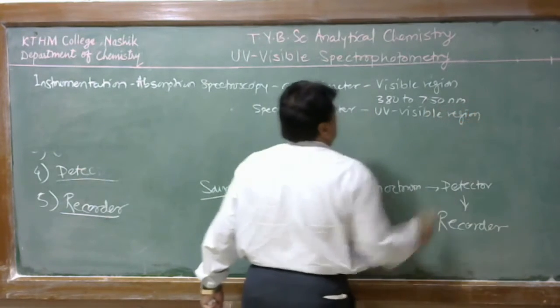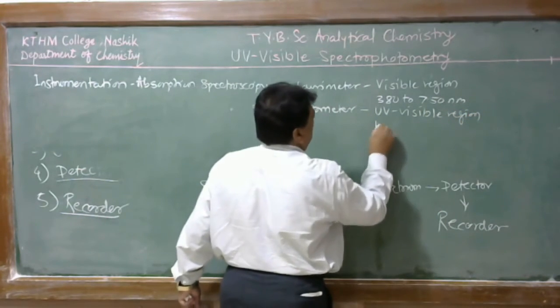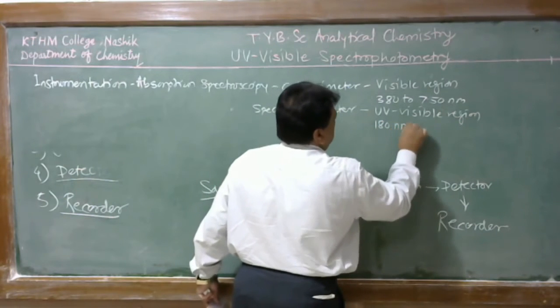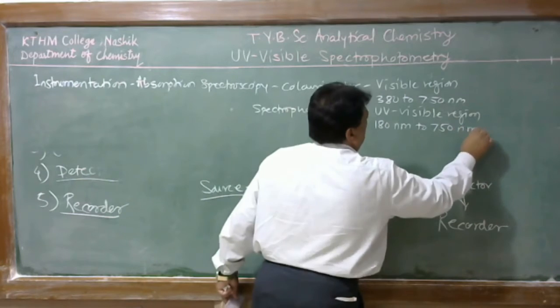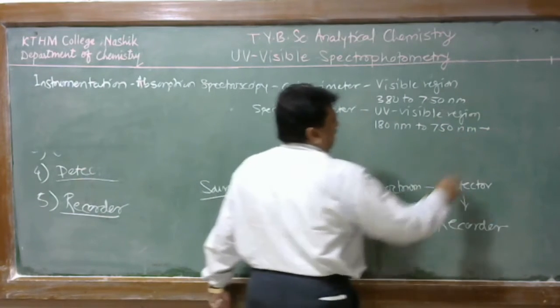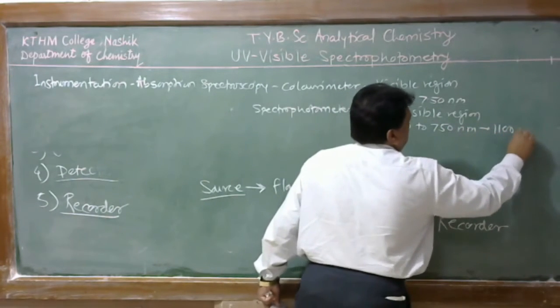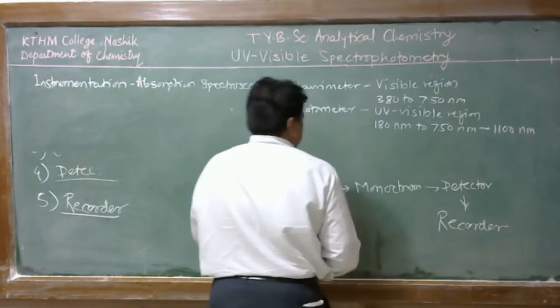This instrument works from 180 nanometer to sometimes 750 nanometer, or in modern instruments it can measure up to 1100 nanometer.